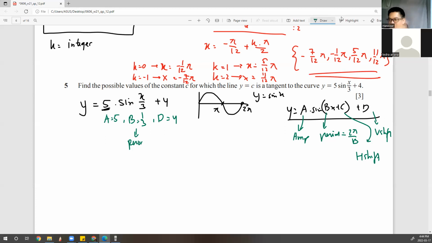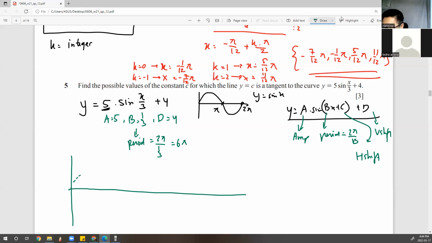So one wave is 2 pi over 1 over 3, right? So 6 pi, very simple, right? 2 divided by 1 over 3 is 2 times 3. Okay, so draw the line, and make it a dashed line.